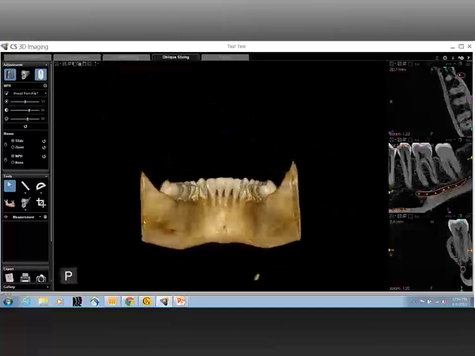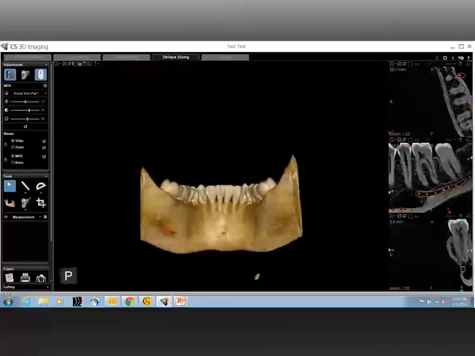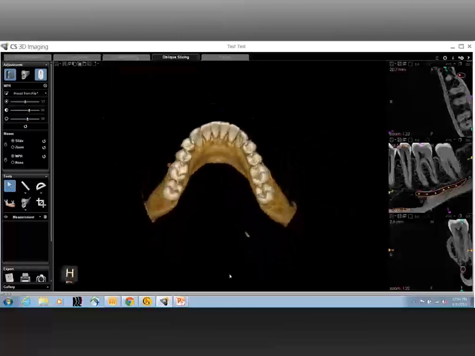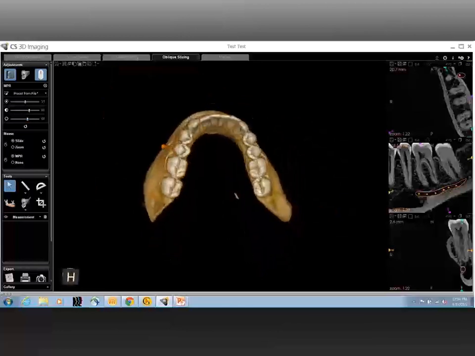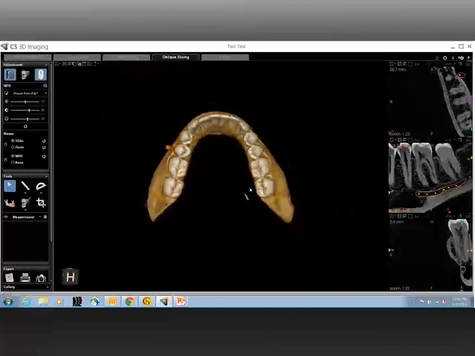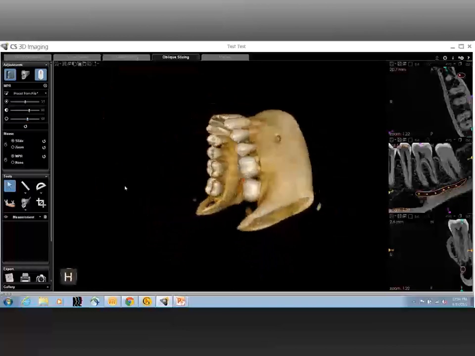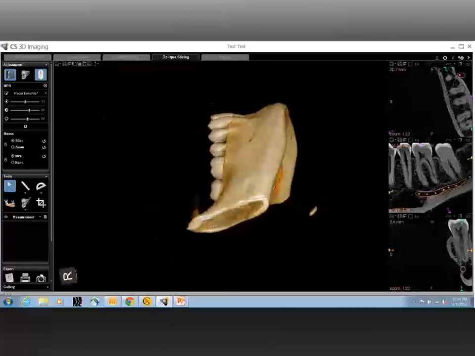Calcified lingual tonsils are very commonly visualized. Not a very serious finding unless there's some history to it, but it can also be visualized in a different view. Calcifications in the thyroid can also be visualized.